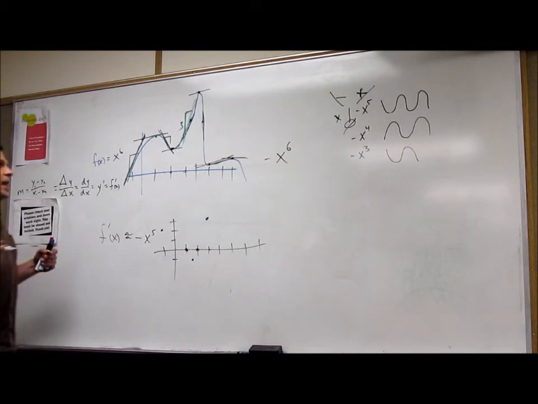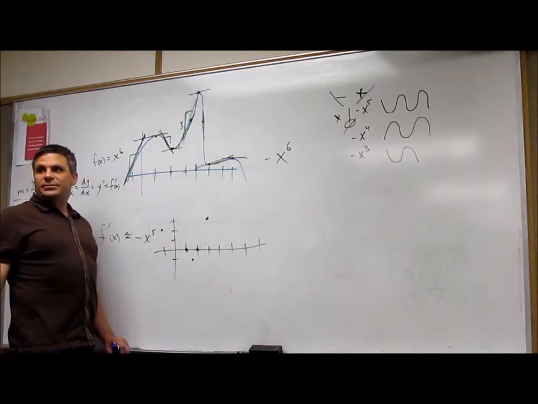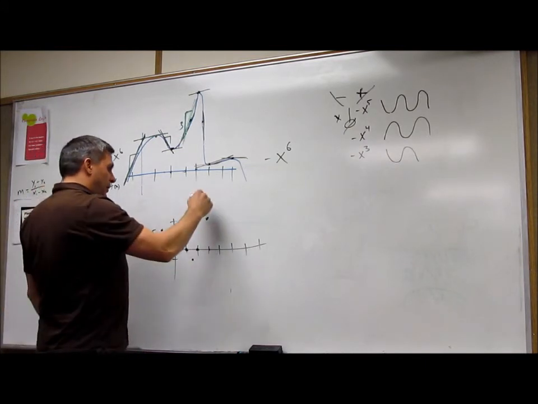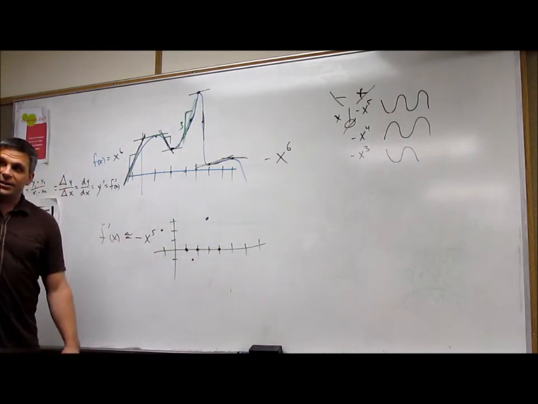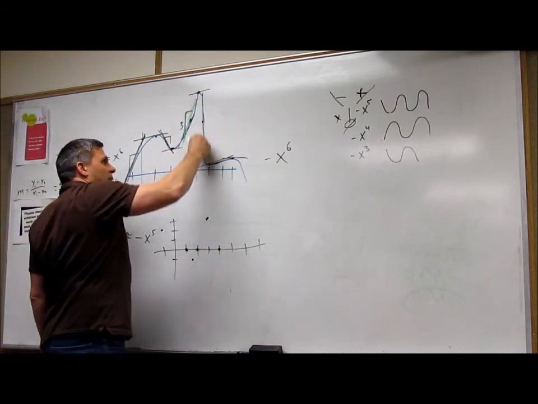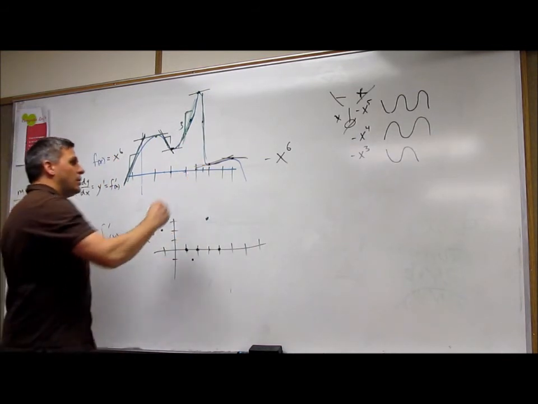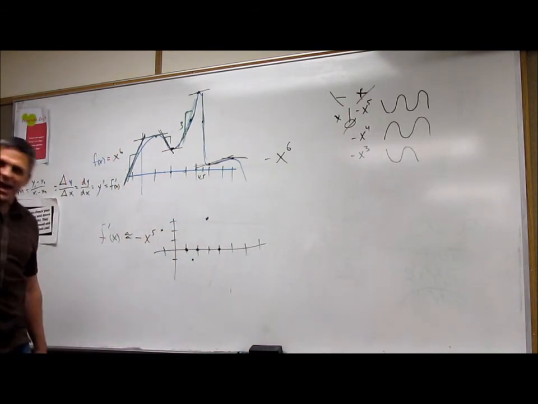Then I come out to 4, and it's at 0 again. It went all the way up, and then it went all the way back down to here. And not only that, by the time I'm at 4.5, it's way steep.